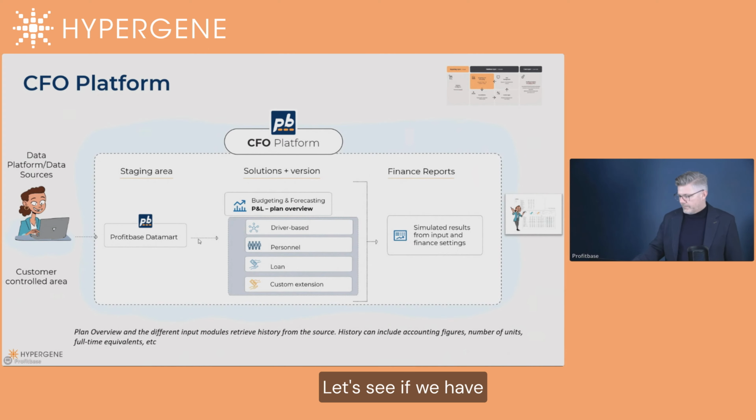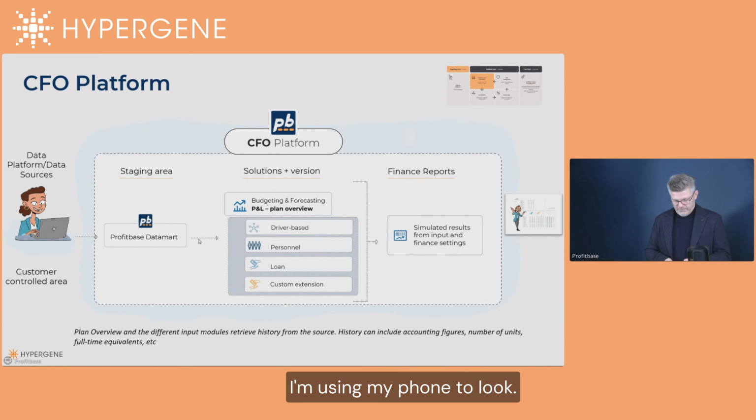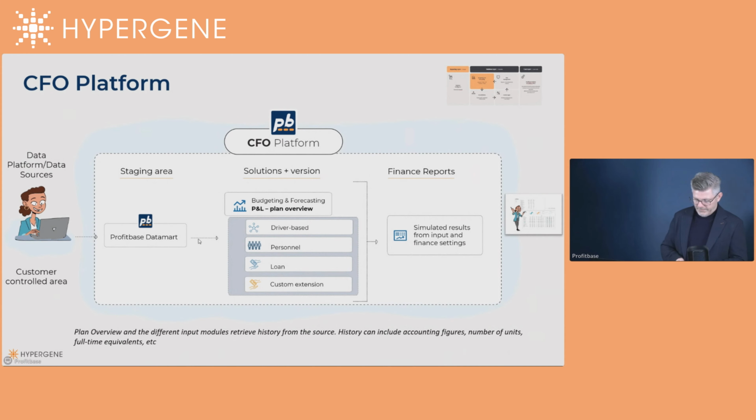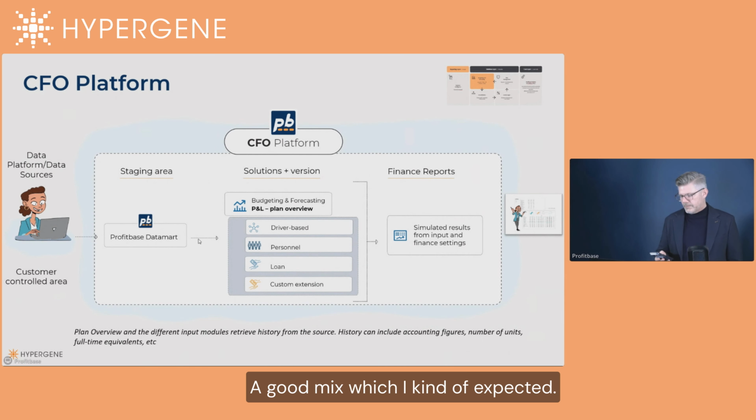So let's see if we have some answer on this one. Let's see here, using my phone to look at it. So monthly, 23%, quarterly, 40, two or three times a year, 37. Yeah, so a good mix, which I kind of expected.